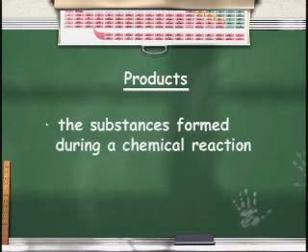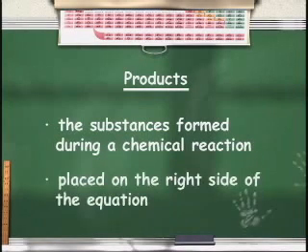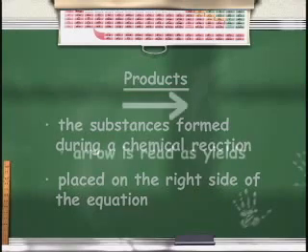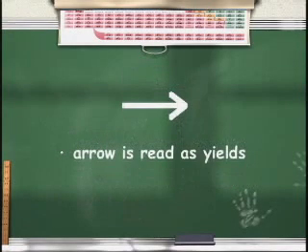Products are the substances formed during a chemical reaction and are placed on the right side of the equation. The arrow between the reactants and products is read as yields.